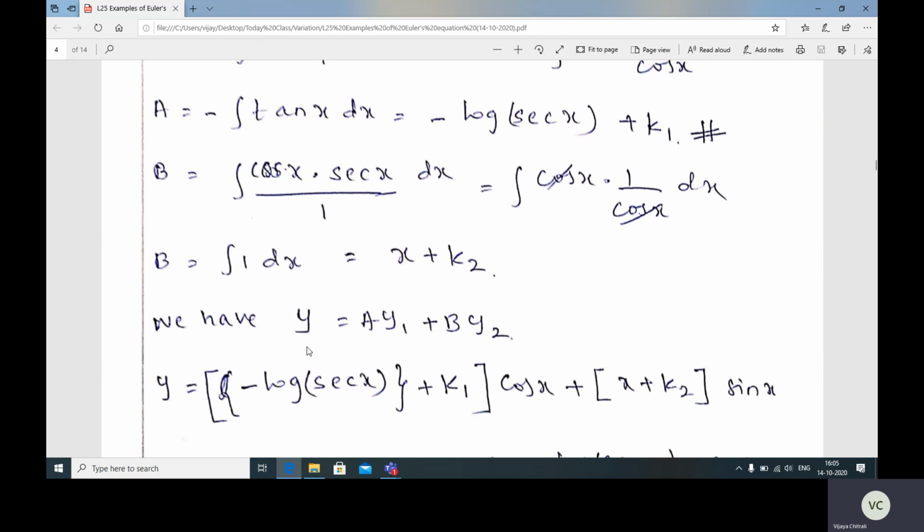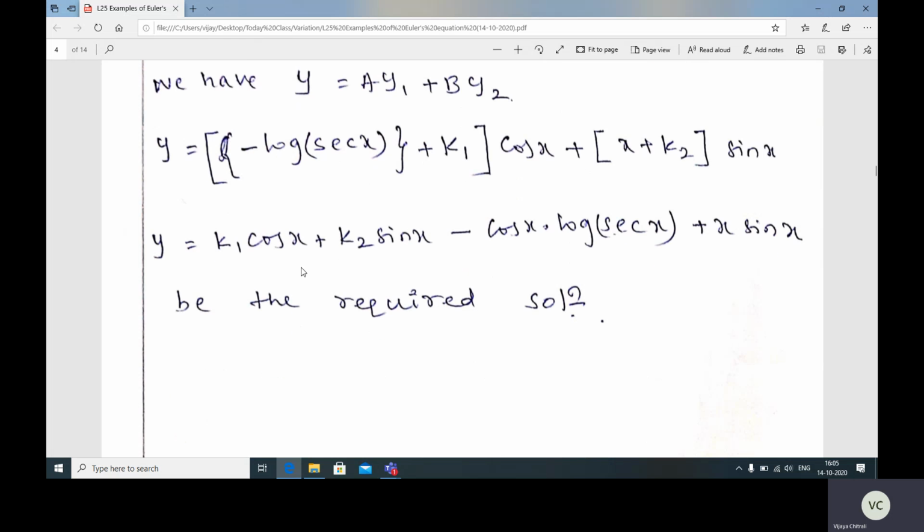And we have assumed that y is equal to A y1 plus B y2, which is a solution of this given equation. So for A substitute minus log sec x plus K1, times cos x, because y1 is cos x, plus B, where B is x plus K2, times y2, which is sin x. So constants on one side and the others on the other side.